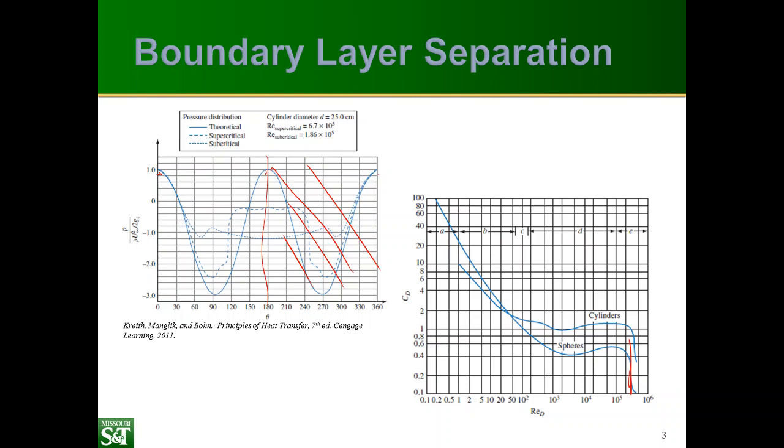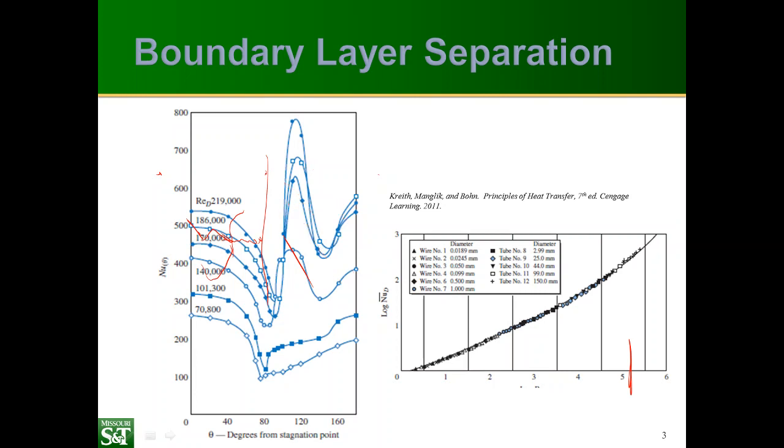So in this case, this dashed line here represents our laminar boundary layer case, and you can see that the pressure doesn't change by as much, and you have this large region in the back side of the cylinder where the pressure never recovers, and this creates drag, right? And you can see the difference in behavior once we trip the boundary layer to turbulent, and we can reduce the drag. So this also affects the behavior of the Nusselt number.